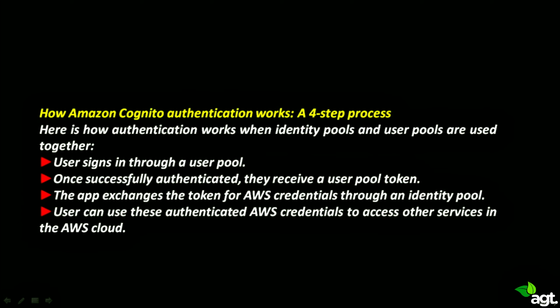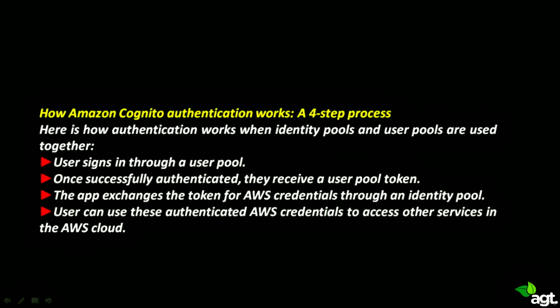So how Amazon Cognito authentication works: the first thing we need to understand is the process, and here is how authentication works when identity pools and user pools are used together. First, the user signs in through your user pool. Second, once successfully authenticated, they receive a user pool token.